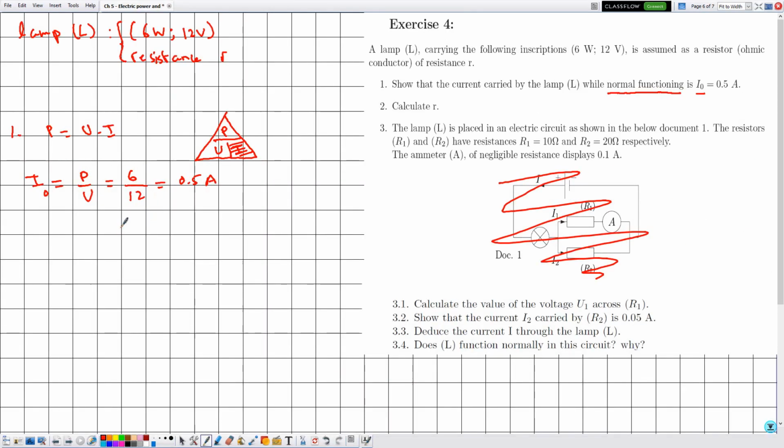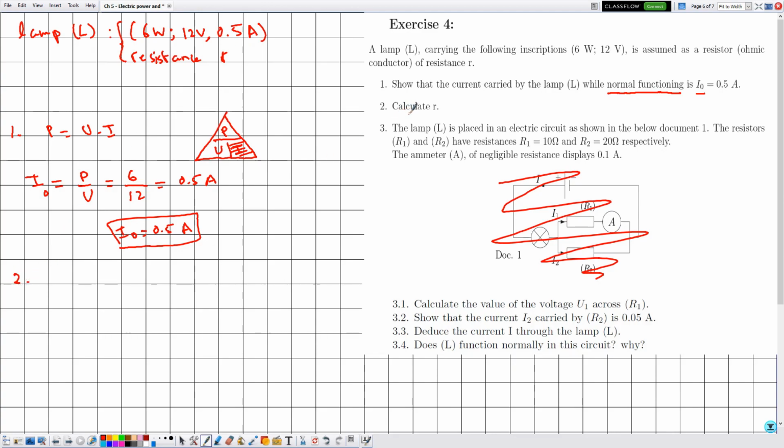So what does I0 represent? I0 represents the electric current under normal functioning. Then we can add this to the inscription here. So when the lamp L functions normally, it will be traversed by a current which is equal to the rated current, which is 0.5 amperes.